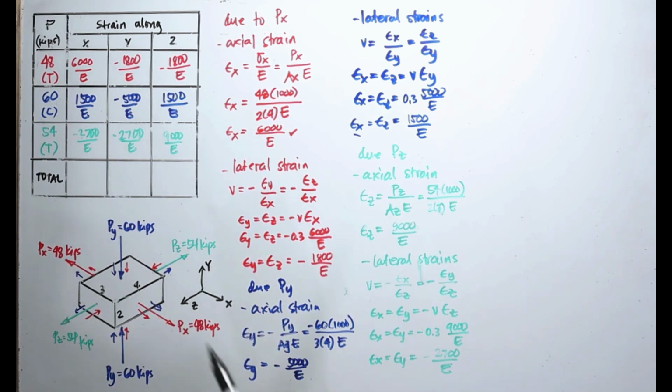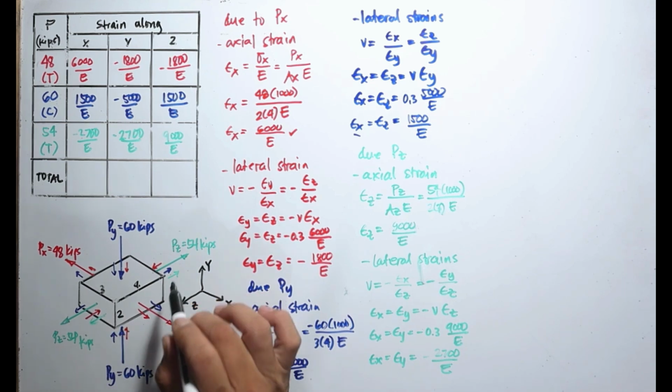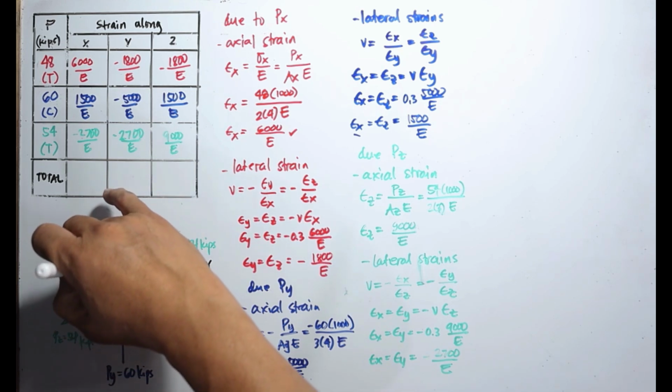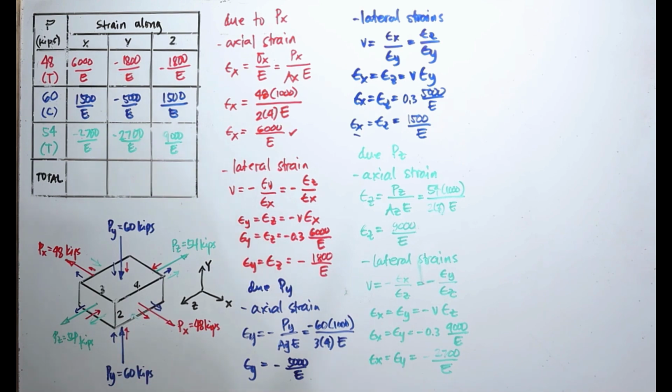And P sub z will cause an axial strain along z in tension, and then compression along x, which is the lateral strain, and compression along y.